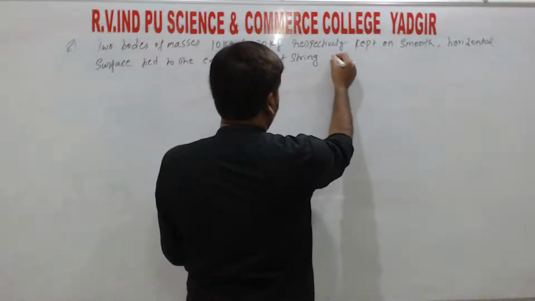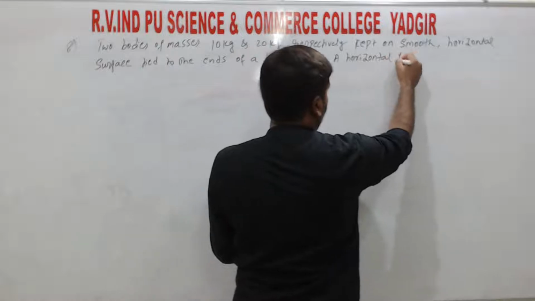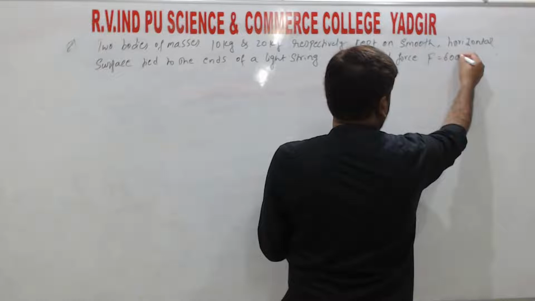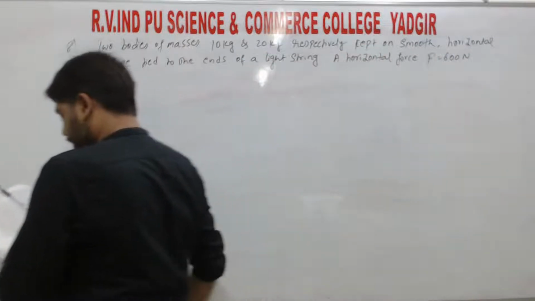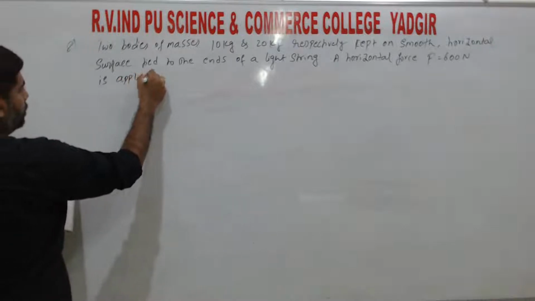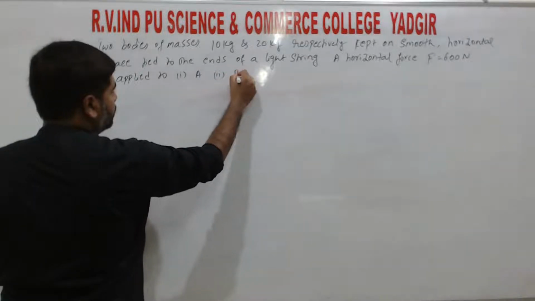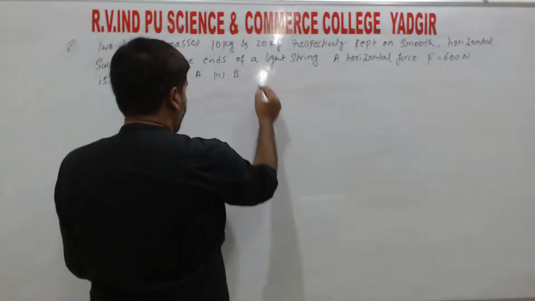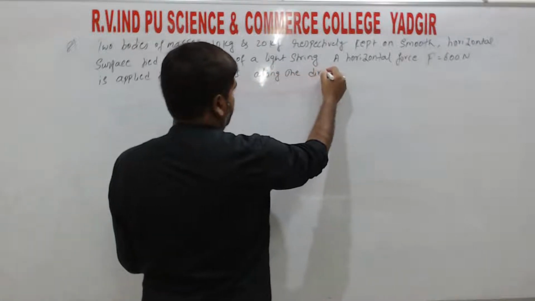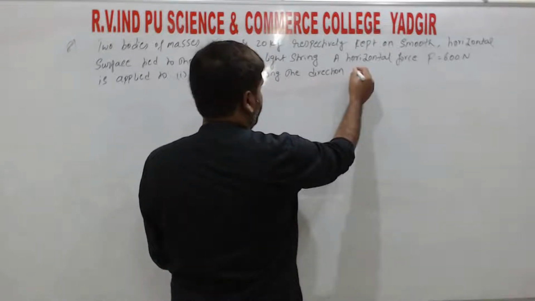A horizontal force F that is equals to 600 Newton is applied to first A, and second case B, along the direction of string.